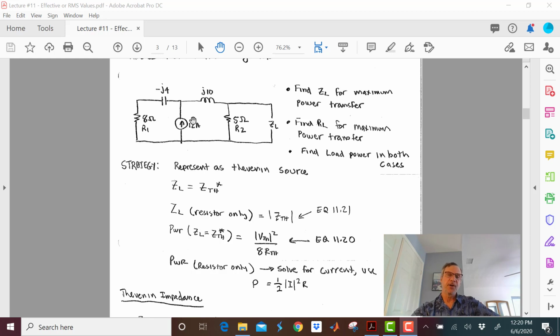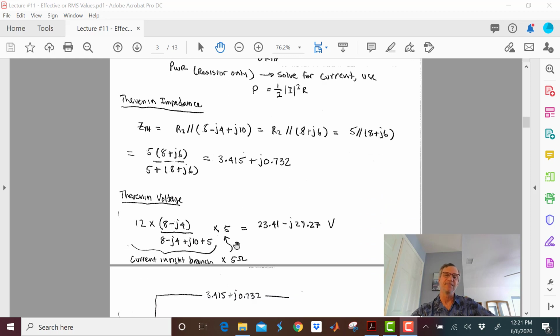What's the current division theorem? And now you can see why it bothers me, because what it is, I take my current, I multiply it by the other side, right? I want the current here, but I'm going to multiply it by the other side and then divide it by the sum of these. And that just messes me up.